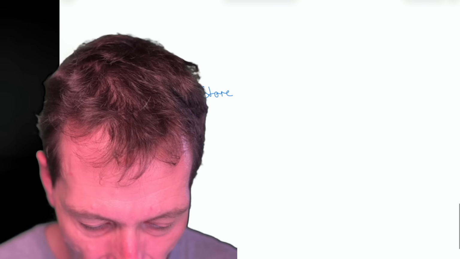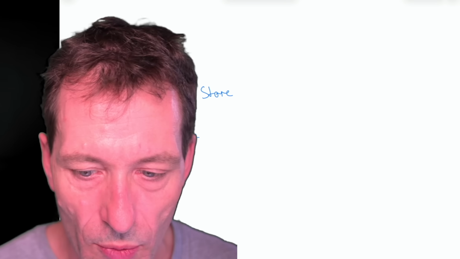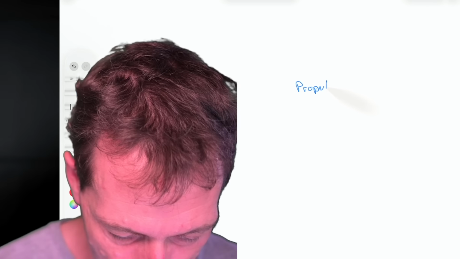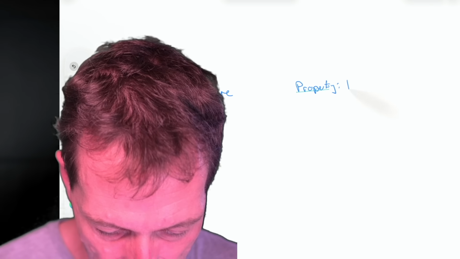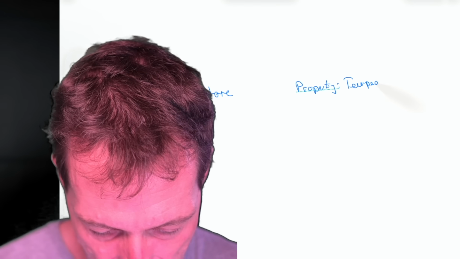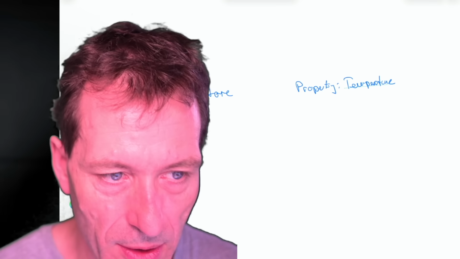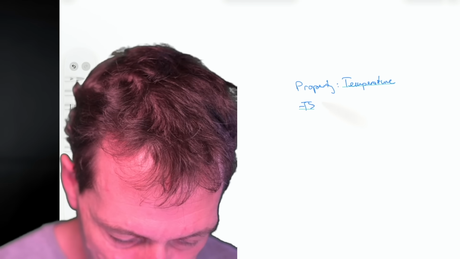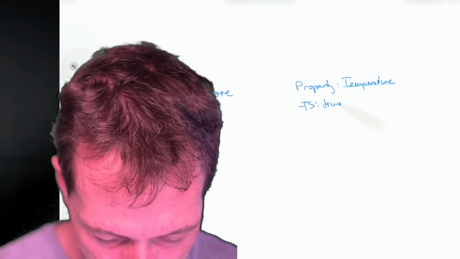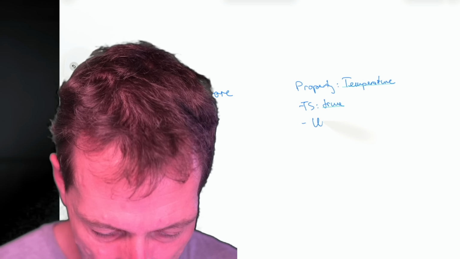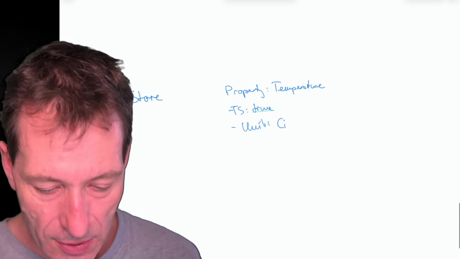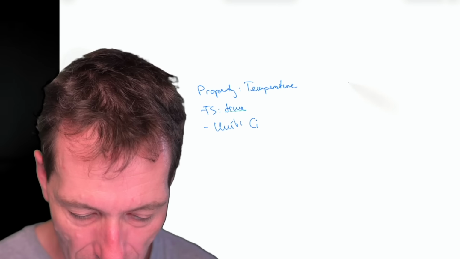Next, you have this streaming data, which is the property temperature value. Type is float, time series is true, and unit is Celsius. Let's say that. Next, you define the relationship between these both.